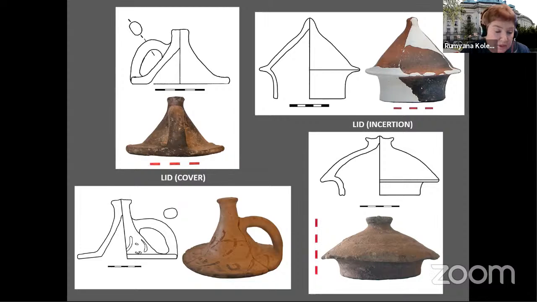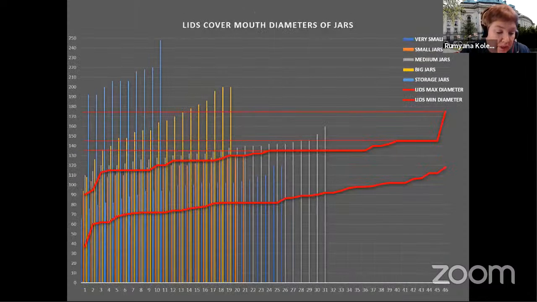Cover lids predominate. The comparison of the diameters of jar rims and bases of the cover lids shows that the latter can cover mouths with a diameter of 40 to 95 millimeters, the smallest lid, to 110, 180 millimeters, the largest lid.